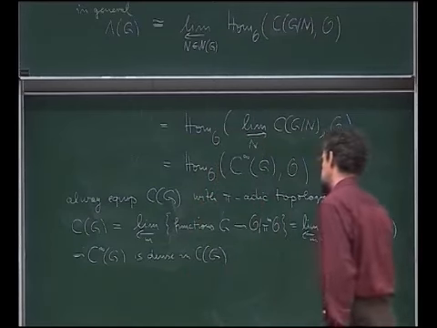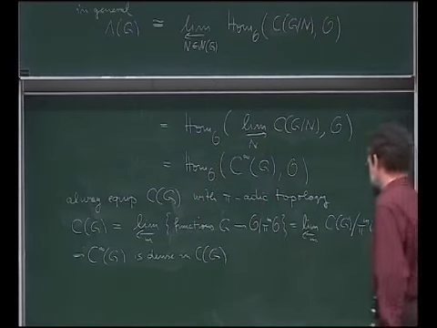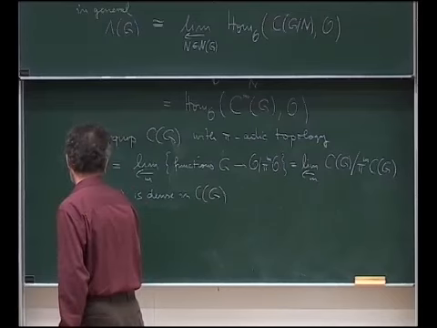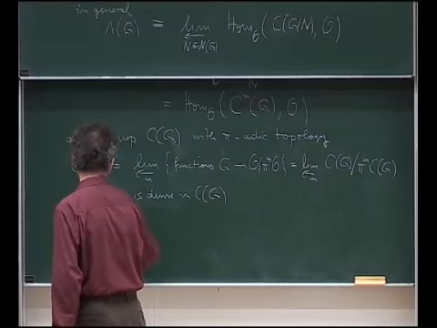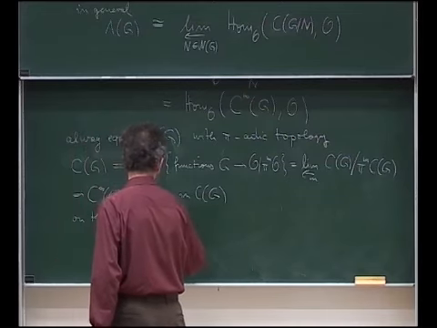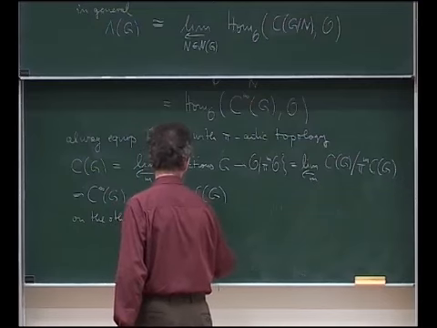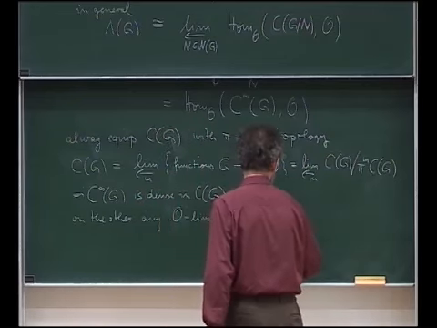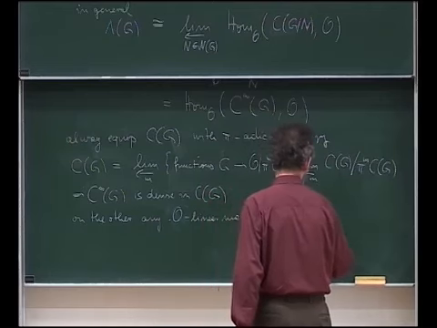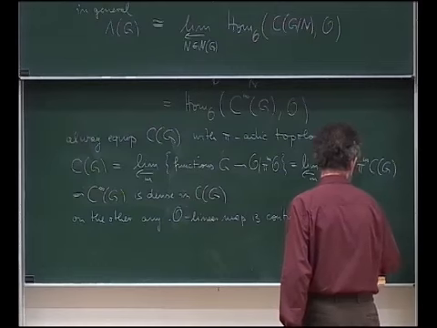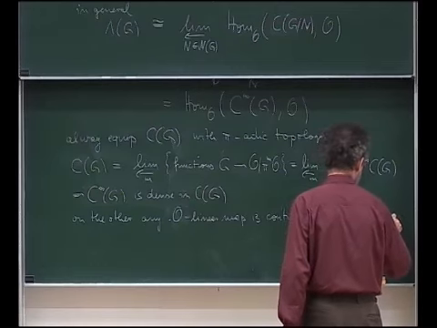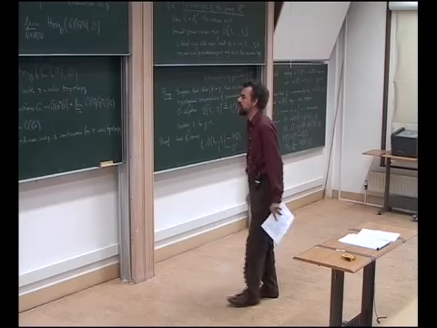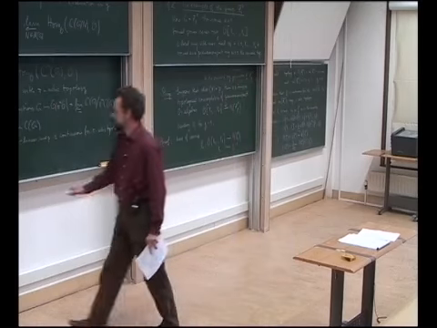So it follows that C infinity of G is dense in C of G for the p-adic topology. On the other hand, any O-linear map is continuous for p-adic topologies.